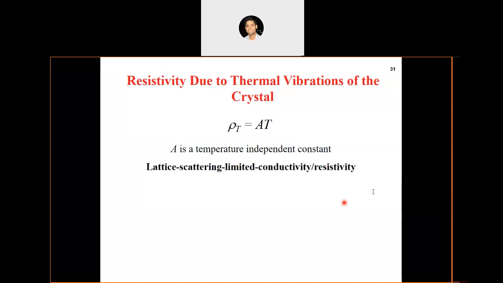How is the velocity of electron then independent of temperature? To derive this part you will have to wait. Right now we are just assuming, and you have to take it on faith that the velocity of electron is independent of temperature.